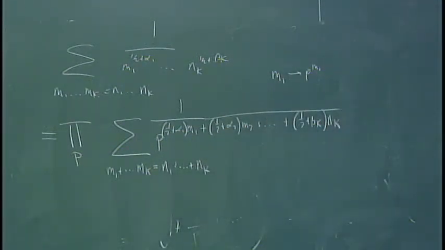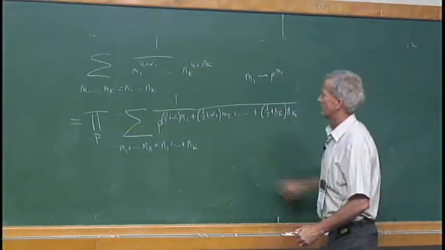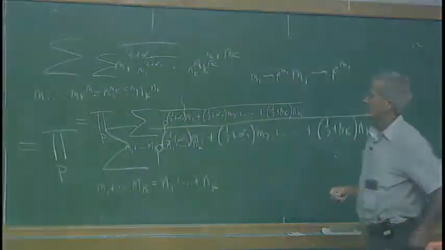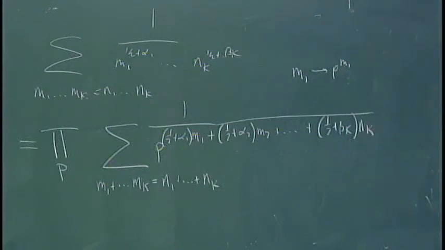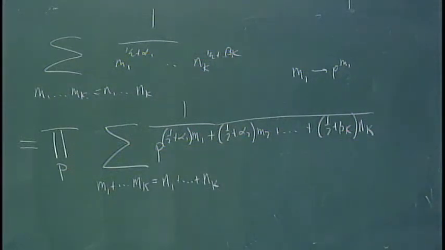Now it might take you a little while to convince yourself that this is actually how you do it, and that this multiplicativity with a product of k things actually works. But it does.